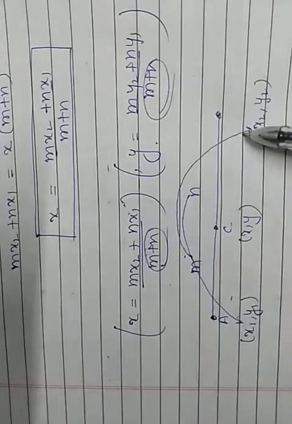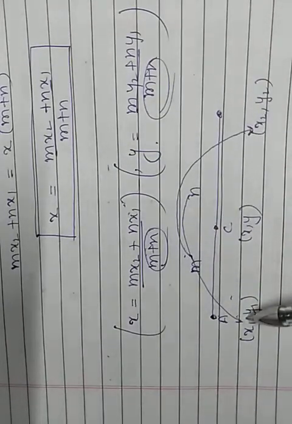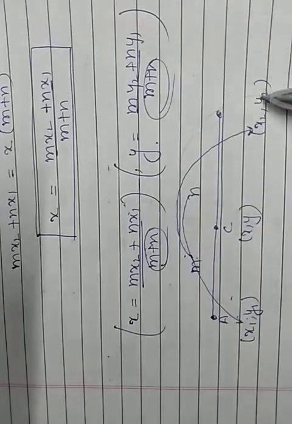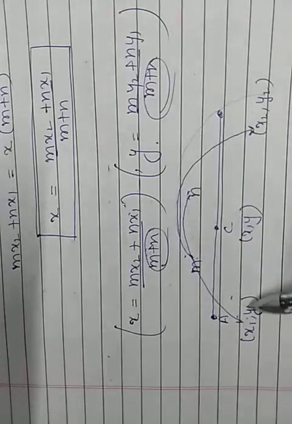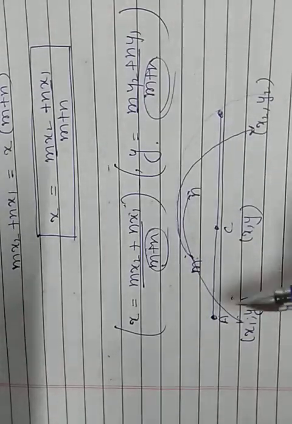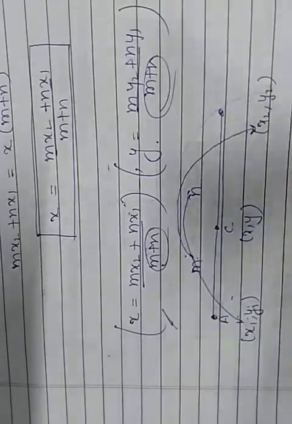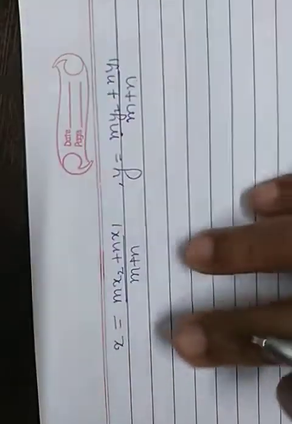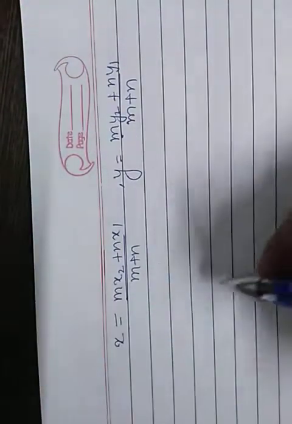So mx2 plus nx1. To get the y coordinate, I will multiply this m to y2 and this n to y1. So we have this section formula.